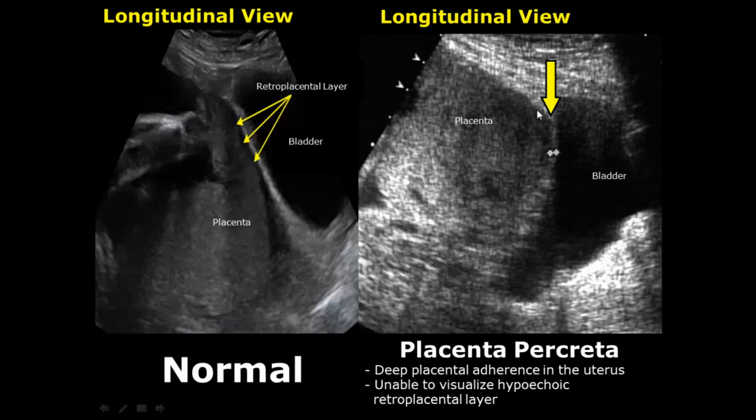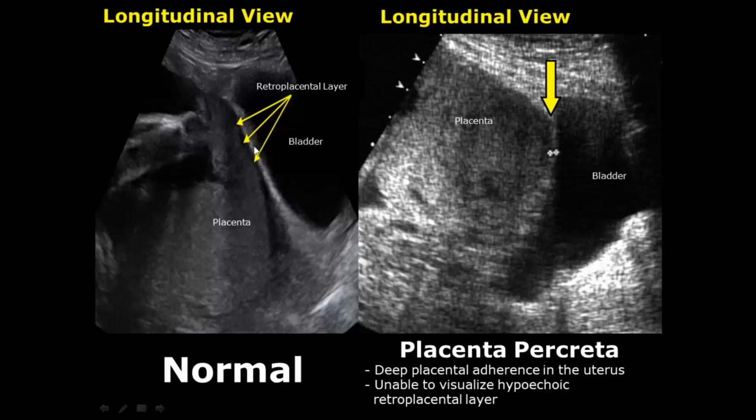The most severe form is placenta percreta, in which the placenta will invade deep into the myometrium. The first two forms are hard to visualize on ultrasound, but the most severe form has some features such as non-visualization of the retroplacental layer, which is hypoechoic.